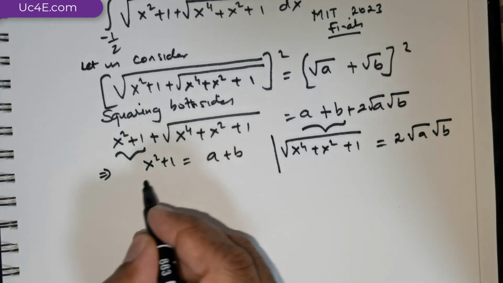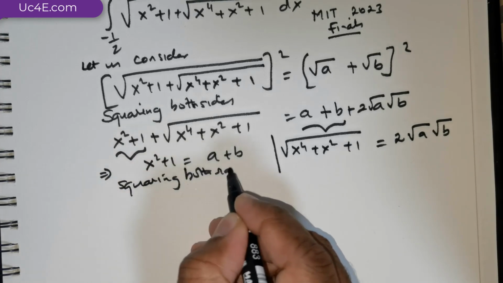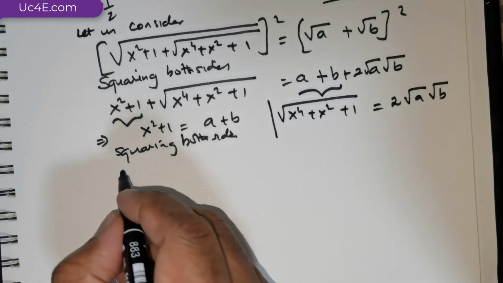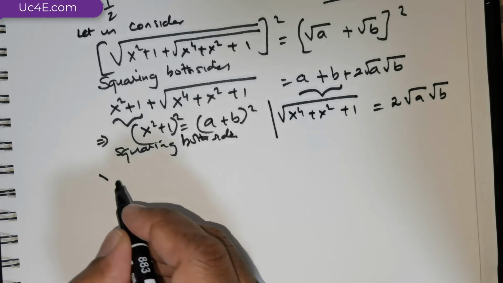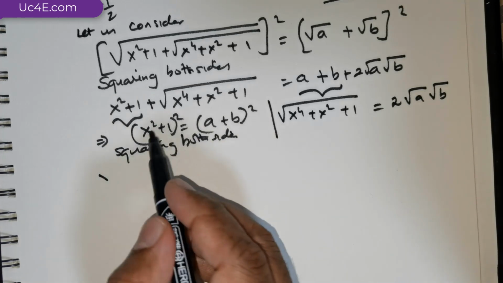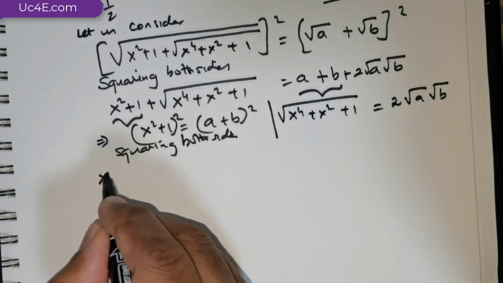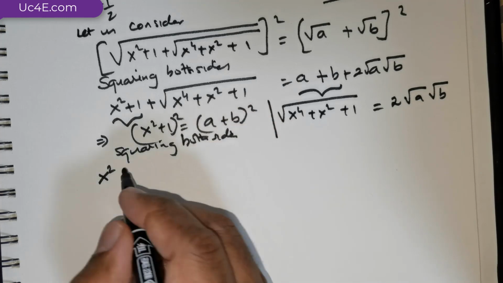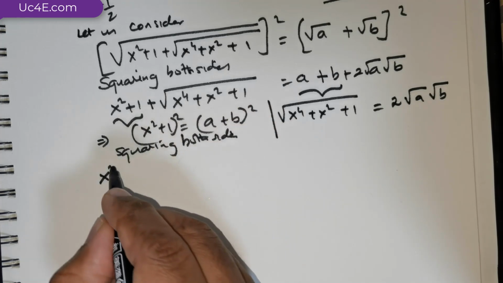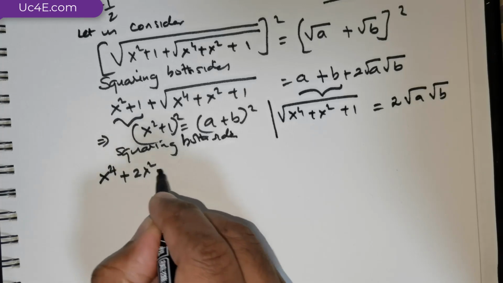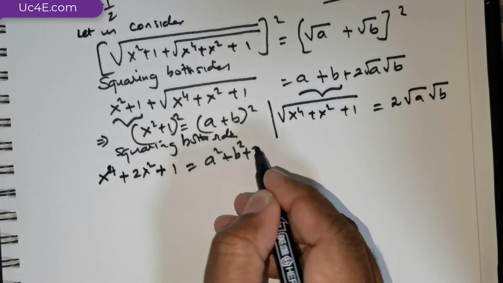Now squaring both sides again on this end, this is going to be raised to the power of 2, and this is raised to the power of 2. Let me expand this. If I expand this, it is going to be x to the power of 4 plus 2 times x squared plus 1, which is equal to a squared plus b squared plus 2ab.